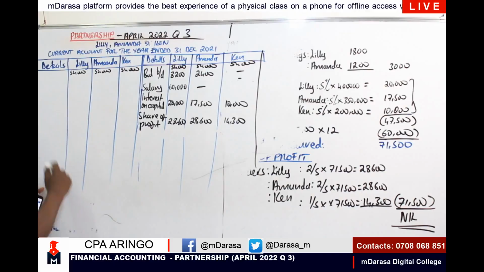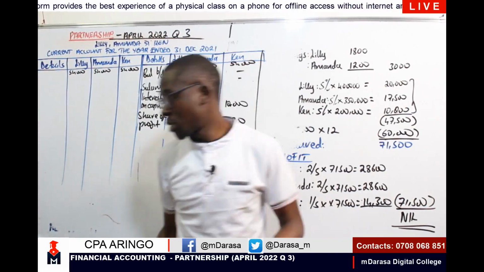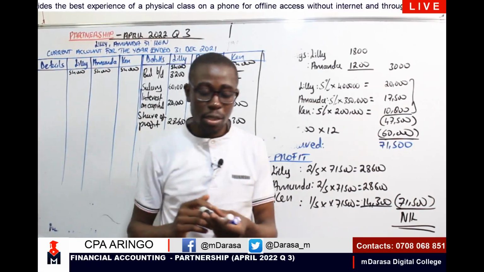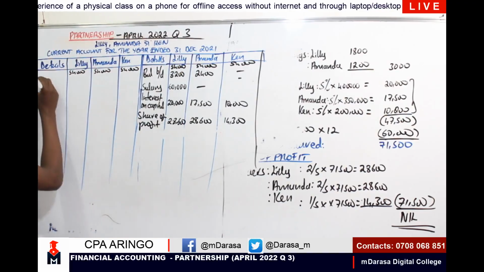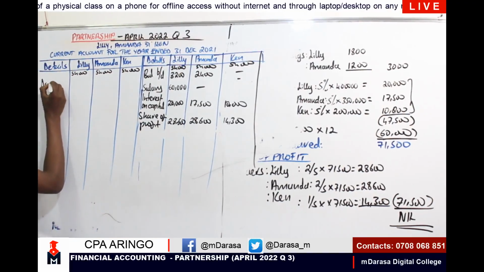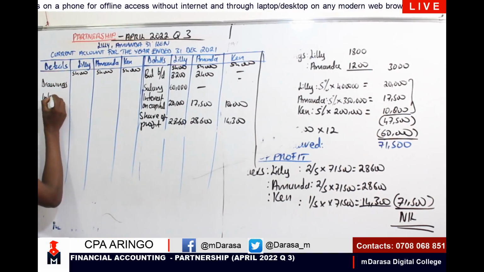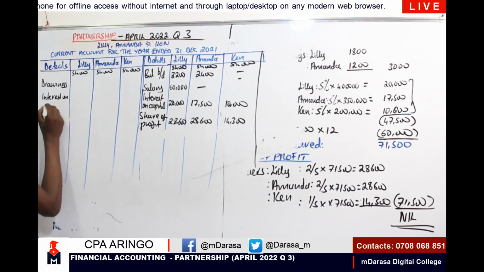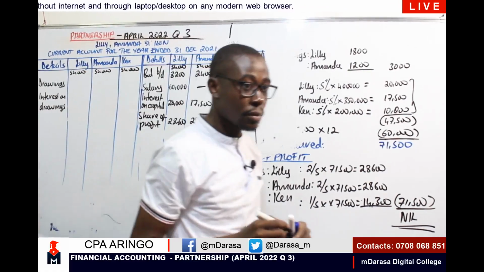So once we have this, come to our debit side of our current account, believing that you still recall the details that should be entailed in our debit side, like drawings and interest on drawings. We should be having it on the debit side.